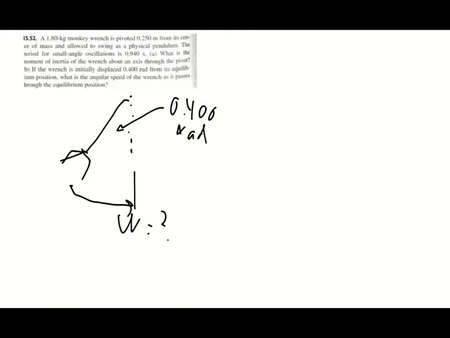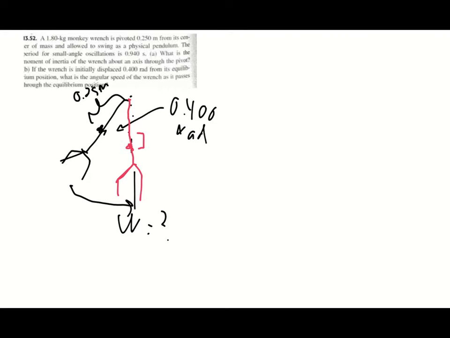Well, if we're dropping it, it's going to be an energy conservation problem. But it's going to be the kind that we're sort of used to, except that we're looking for how far the center of mass drops. So remember, our center of mass is 0.25 meters from the pivot. When it swings down, it's going to drop down. The actual drop in our center of mass is going to be this much.